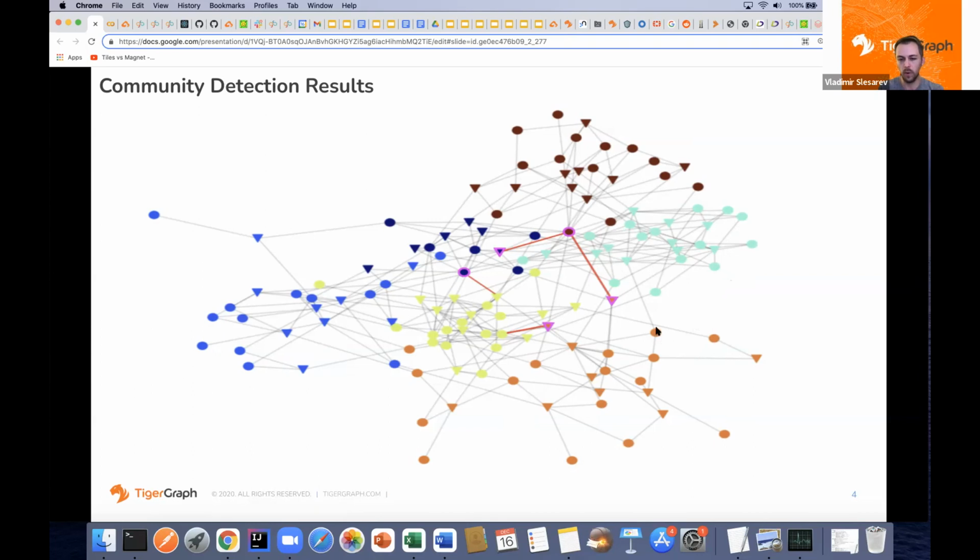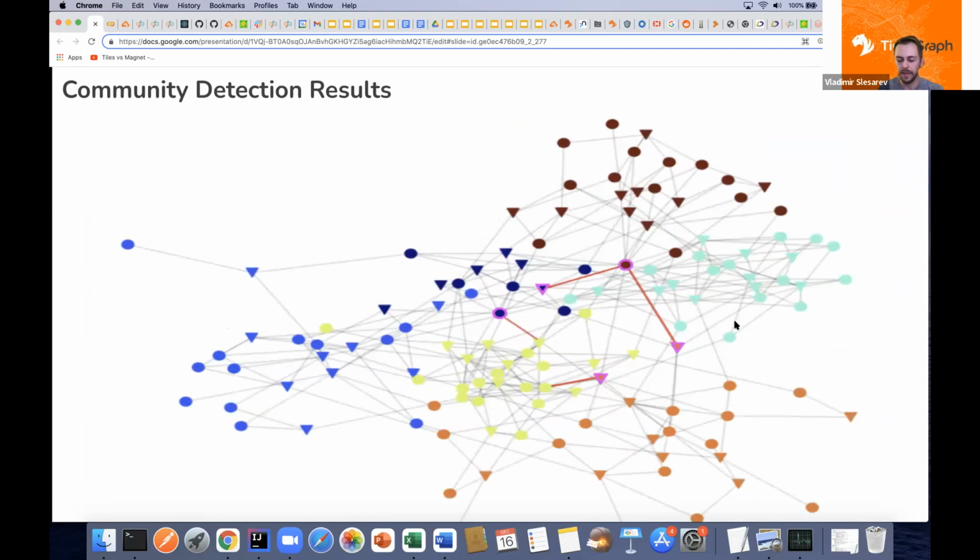How about, what if we have one particular person and there's a transaction between this orange network and this teal network? You can see this connection right here between the circle and triangle. To be able to find this connection is very, very difficult in RDBMS. In graph and with graph analytics, it's very straightforward and very performant.